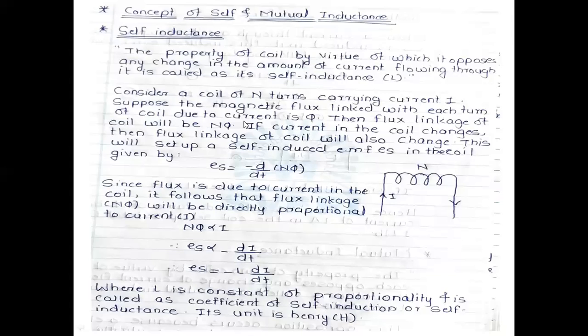For that reason, inductance is the property by which it opposes any change in flux linkage, which is nothing but current changing. Current change means flux linkage will change, so it opposes the change of current. That is the definition of self inductance.